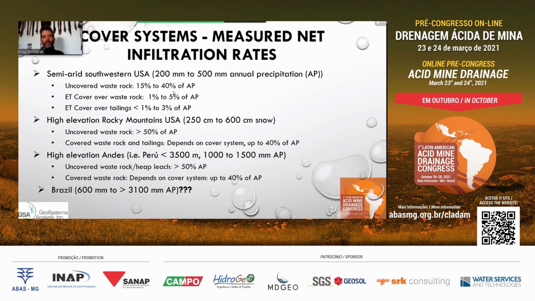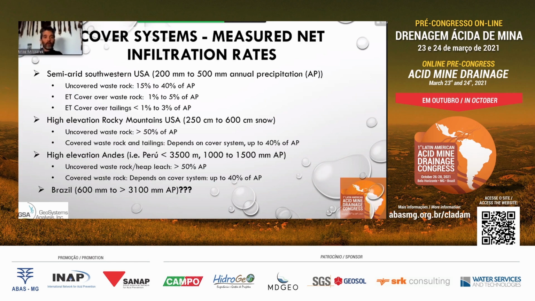So in the semi-arid southwestern US, and this is an area that gets anywhere from 200 millimeters to 500 millimeters of annual precipitation, depending upon the location. Elevation is a significant component of that. The higher the elevation, the higher the precipitation. In uncovered waste rock, anywhere from 15 to 40% of the precipitation may go into net infiltration.